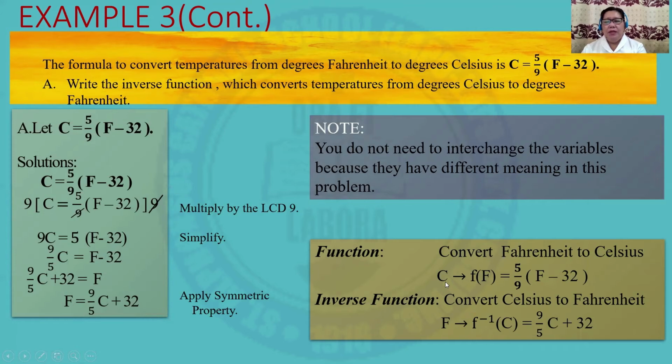So, we have here C, which will represent the function, that is 5/9 times F minus 32. And for the inverse function, convert Celsius to Fahrenheit. So, F for Fahrenheit will represent the inverse function, and the formula is F equals 9/5 C plus 32. Example number 3 is simply a checking of example number 2.